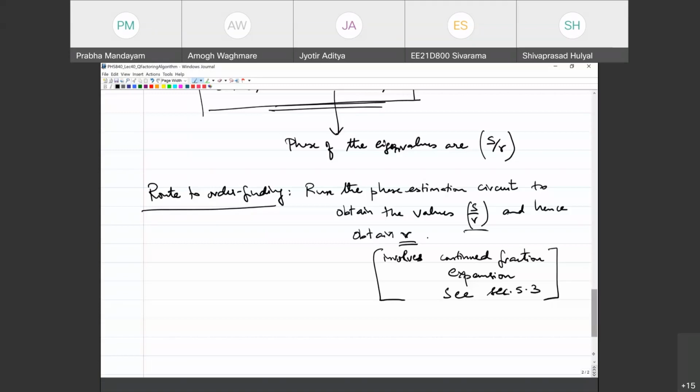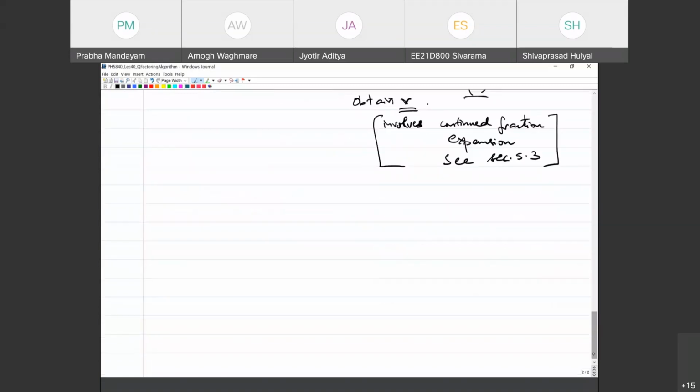So this is similar to phase estimation, right? So we already know what we need to do. So let me just jump directly to the algorithm.